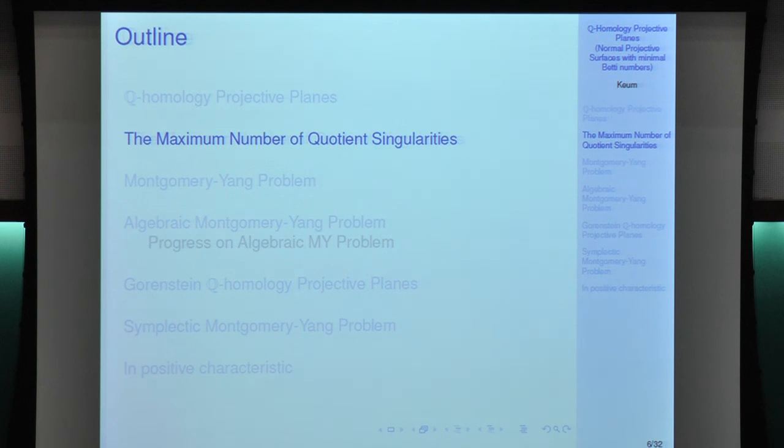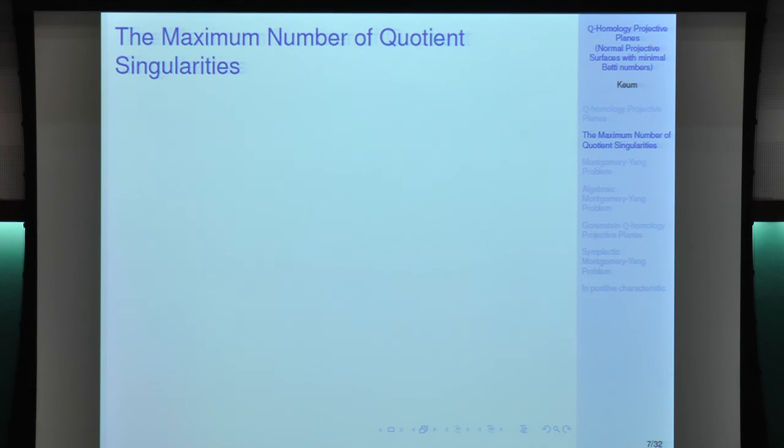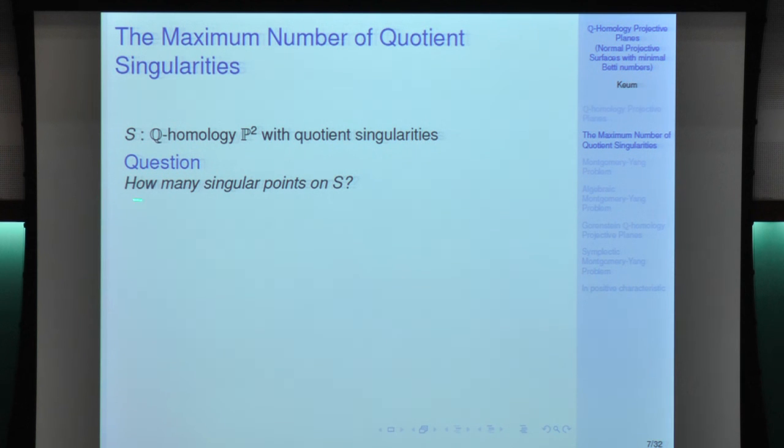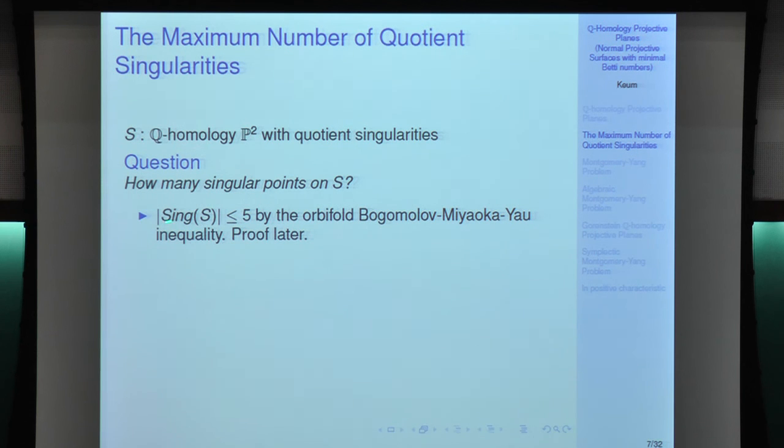The first question is the maximum number of quotient singularities. Is there any bound for the number of quotient singularities? Let S be a Q-homology P2 with quotient singularities. The first question is how many singular points are on S. This question can be successfully answered by the Bogomolov-Miyaoka-Yau inequality.